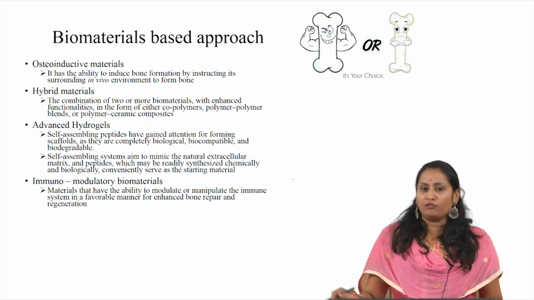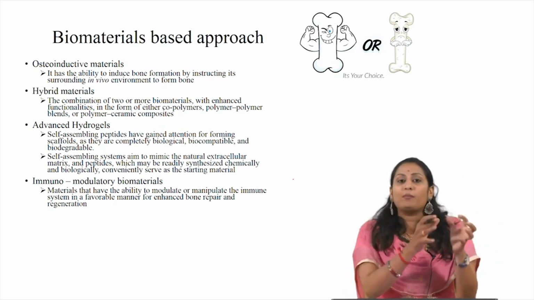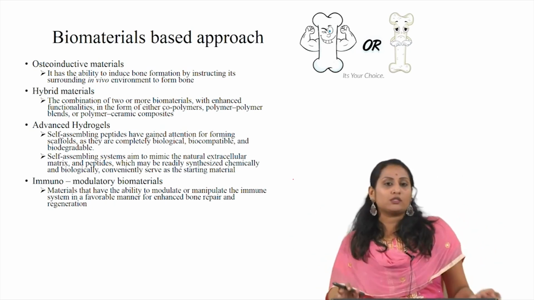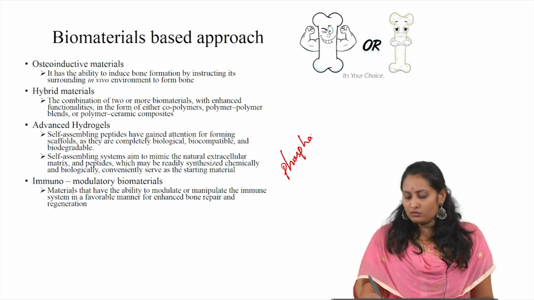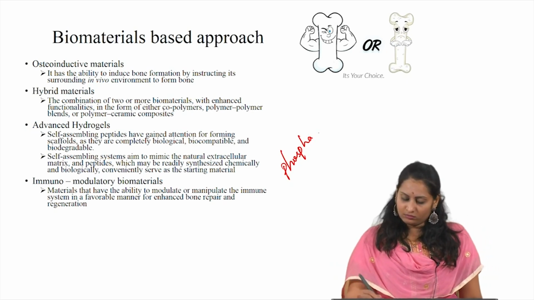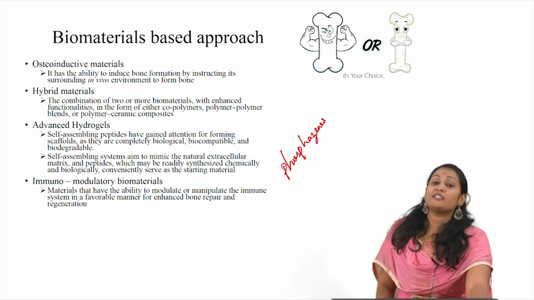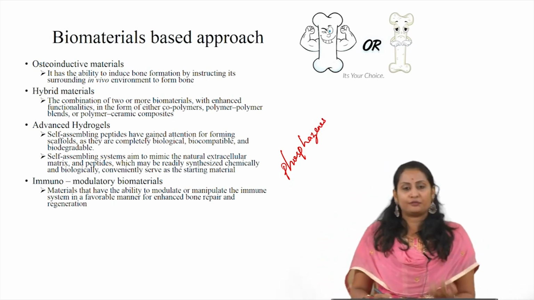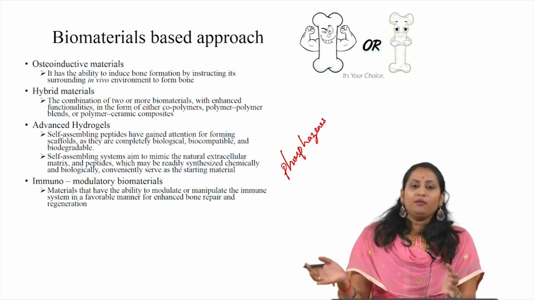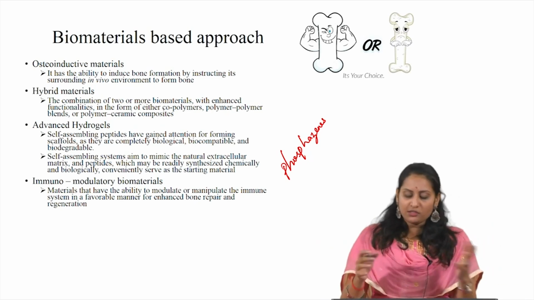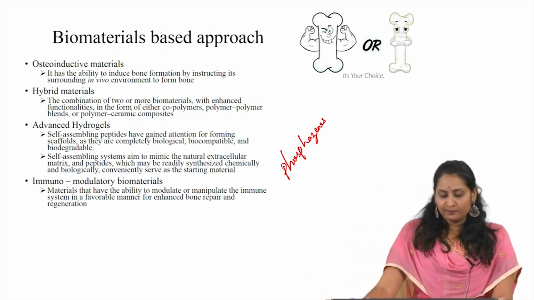So, what researchers do is combine it with a polymer, for example phosphazenes, whose degradation products are at neutral pH. So, they combine PLGA as well as phosphazenes to develop a biomaterial with non-toxic degradation products.